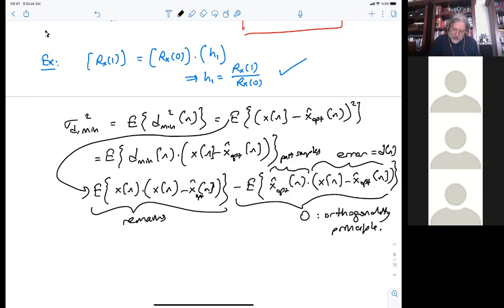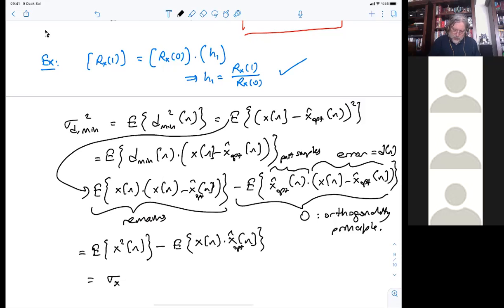And since that is the only thing remaining, we can now expand it to become expected value of x square of n, minus expected value of x of n times x hat optimum of n. That is equal to sigma x square minus expected value of x of n times x hat optimum of n.